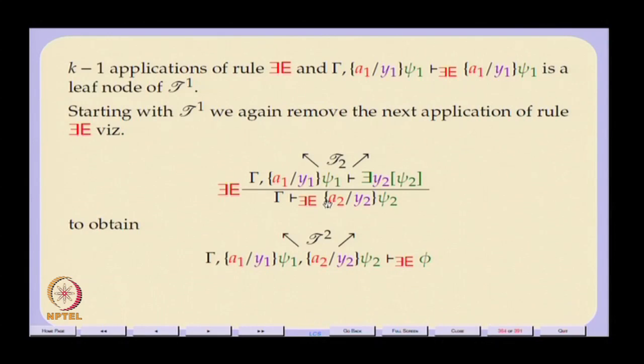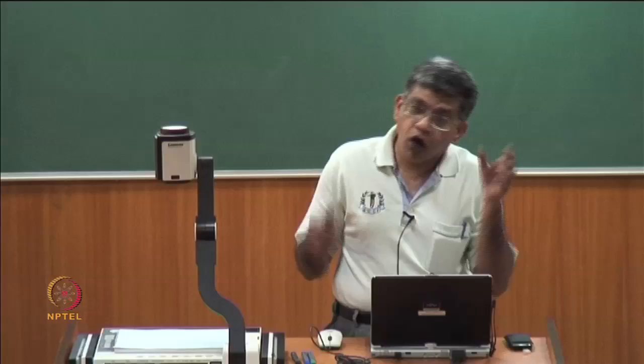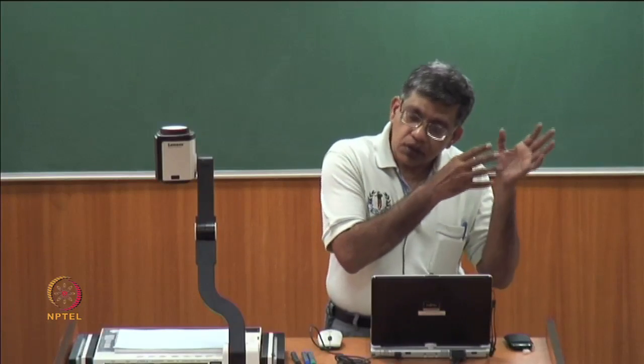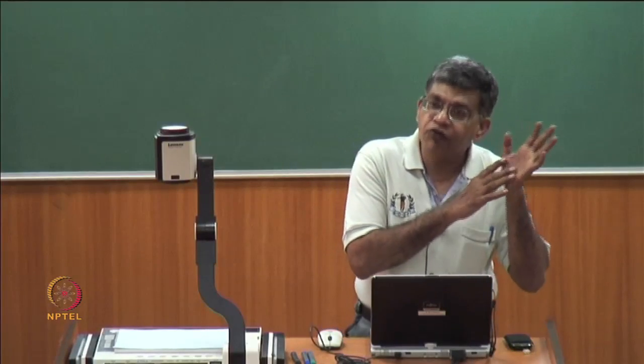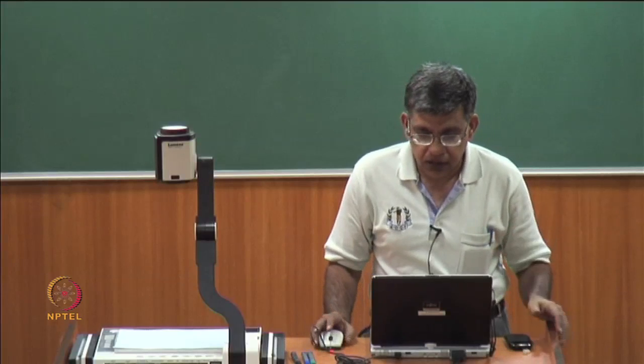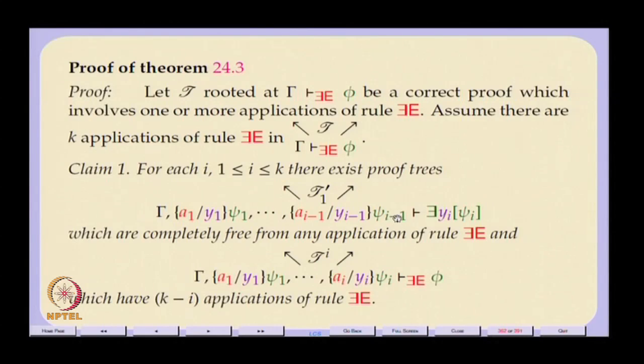So, each tree Ti that you eliminate is of a modified tree of the original proof. This claim says that for each i there are k applications of the rule in the original proof.